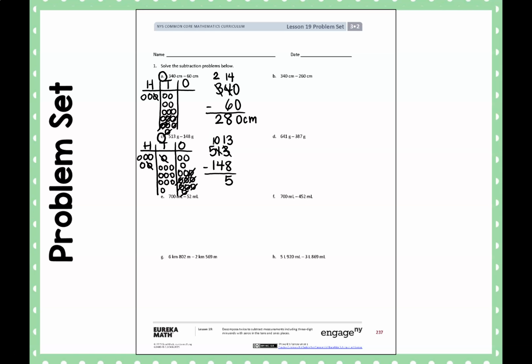Can I do 10 take away 4? Yes, I can. So I'm going to cross out 1, 2, 3, 4. How many do I have left over? 6. Alright, and I took away one of the hundreds, so I only had 4 left. So 4 take away 1 is 3. So 513 grams minus 148 grams is 365 grams.